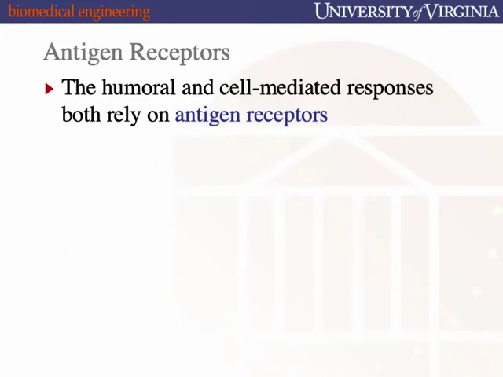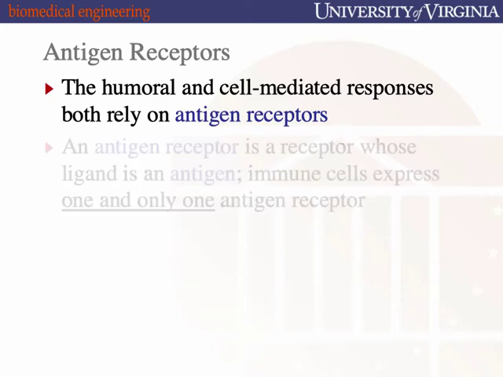All right. So let's focus primarily, at least initially, on the B cell side, on humoral immunity, and we're going to focus on these things known as antigen receptors. Both the humoral and cell-mediated responses are going to rely on antigen receptors. In the humoral system, antigen receptors are antibodies, and there's a wide diversity of how those antibodies are expressed, which is why they're in this broader class known as receptors.